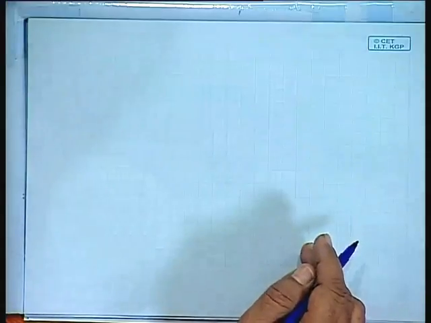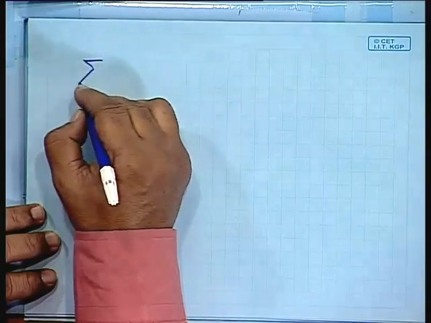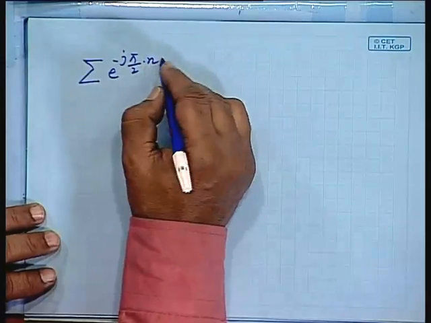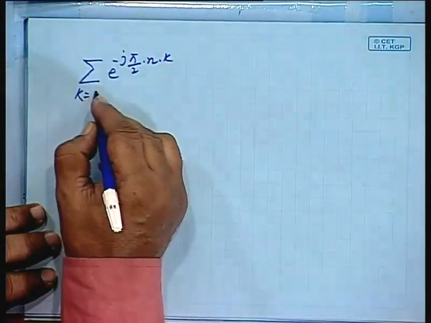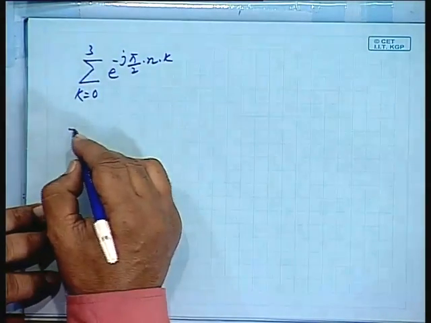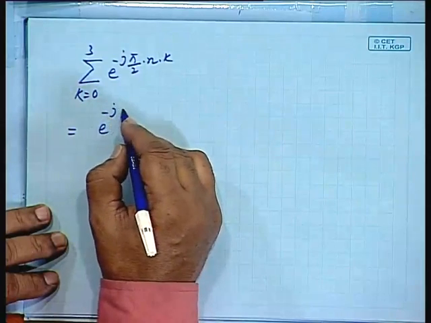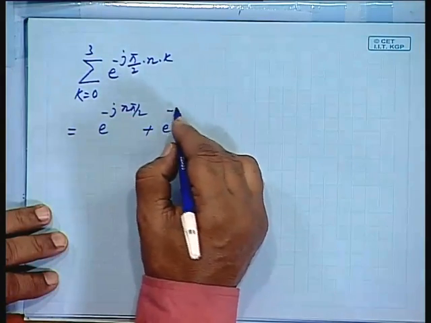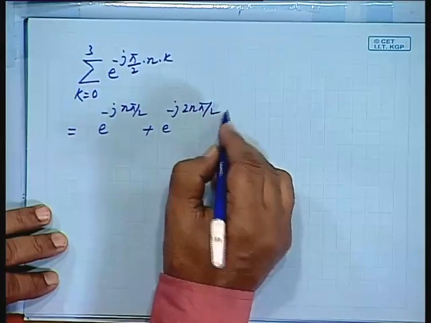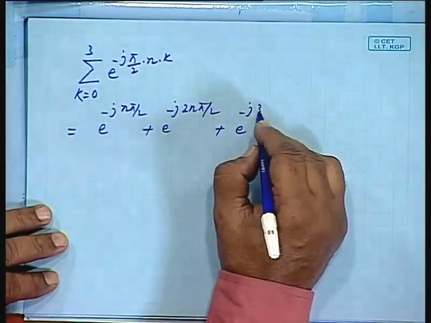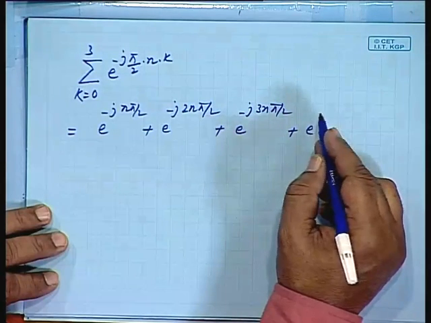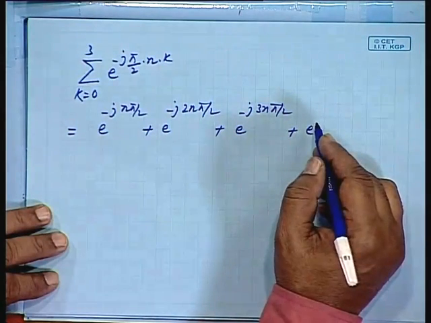Check whether you get the same result. Summation e to the power minus j pi by 2 into n into k, where k varies from 0 to 3, gives me e to the power minus j n pi by 2 plus e to the power minus j 2n pi by 2 plus e to the power minus j 3n pi by 2 plus e to the power minus j 4n pi by 2, which means one.